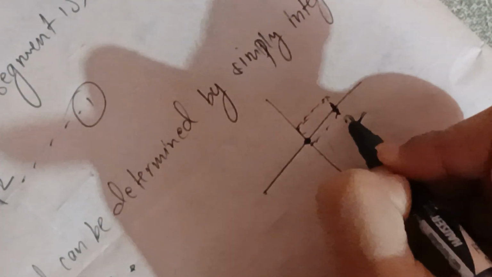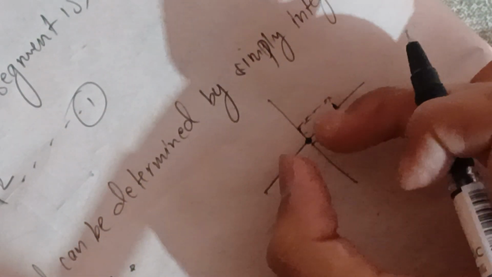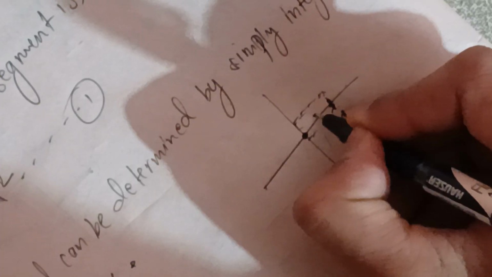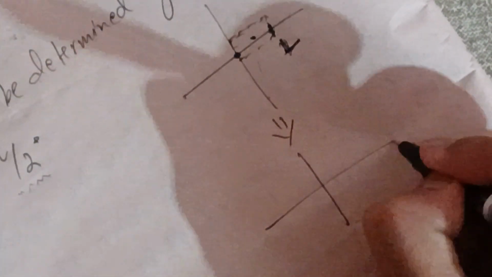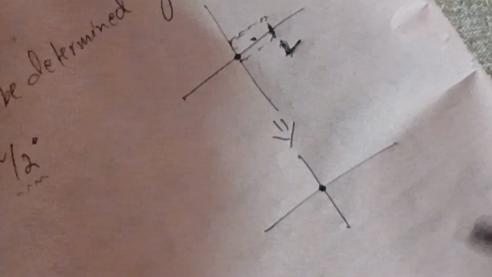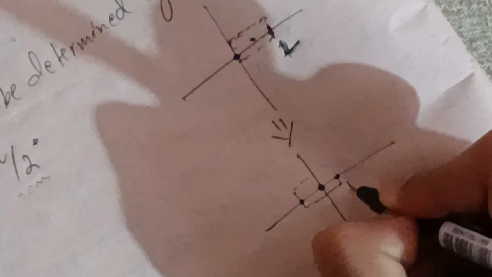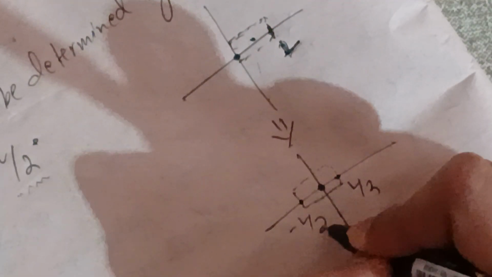This is L, the point is L. If you pick this up and shift it such that its center lies at the origin, and make another graph, look at this. This is the origin. If you shift it, it will be something like this. This and this will be L by 2, and this will be minus L by 2.